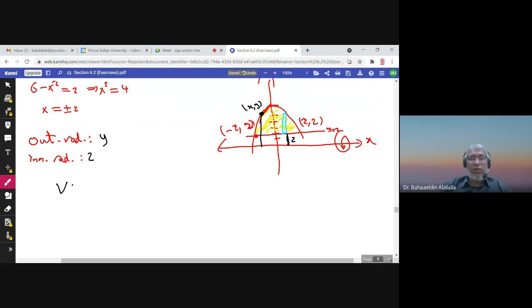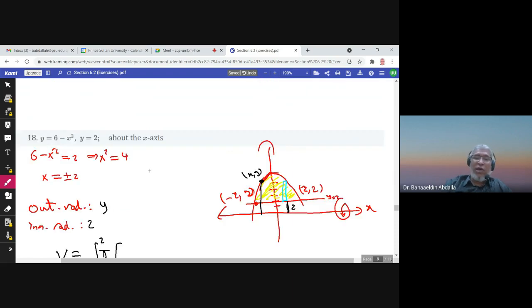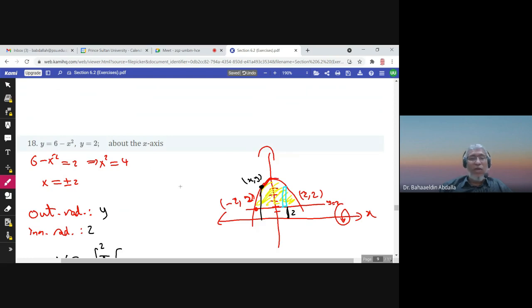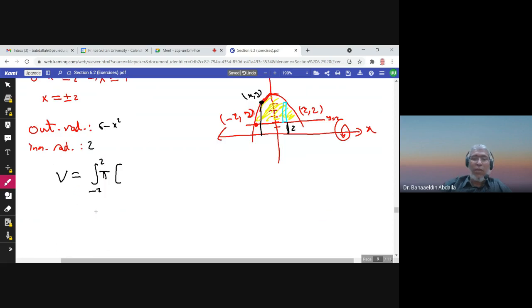So the volume would be integral from, it is delta x, so from negative 2 to 2, pi times the outer radius, which is the y of the curve, which is 6 minus x squared, to the power 2, minus 2 to the power 2, or 4, dx, and this will give you the volume.